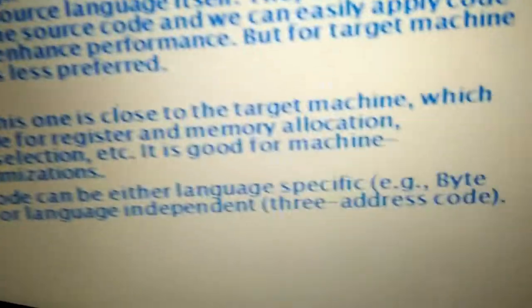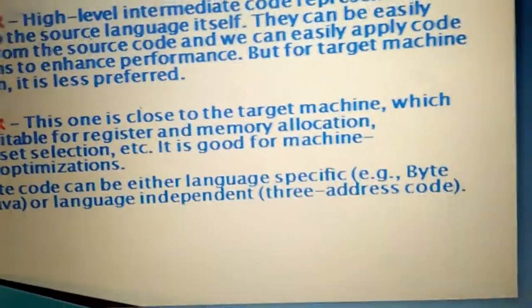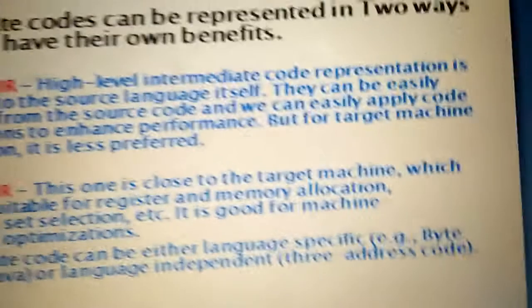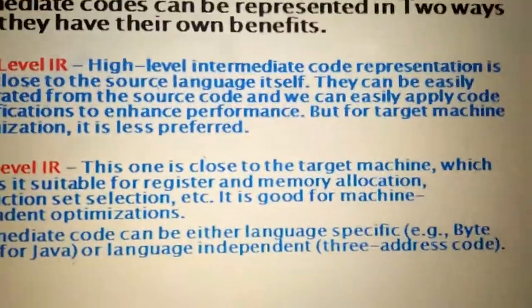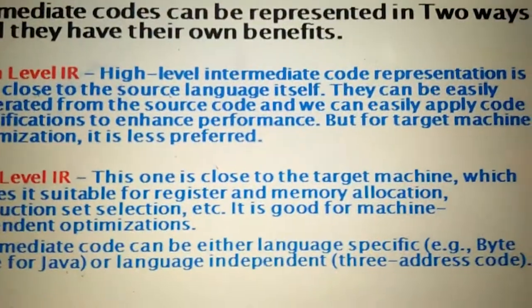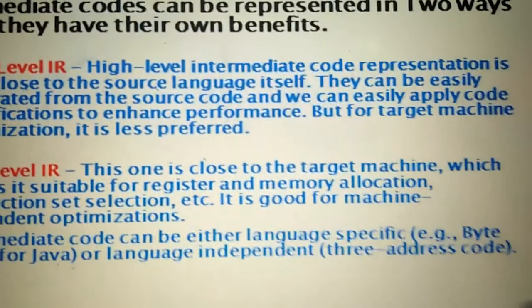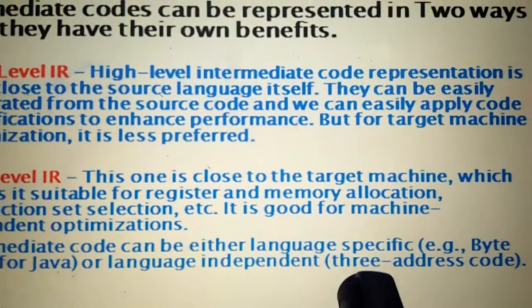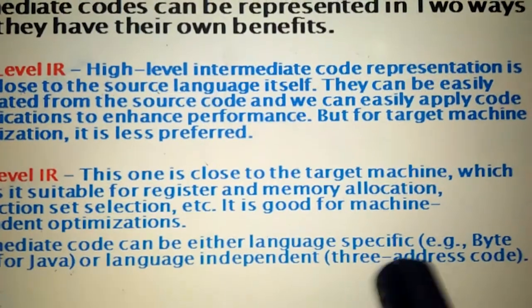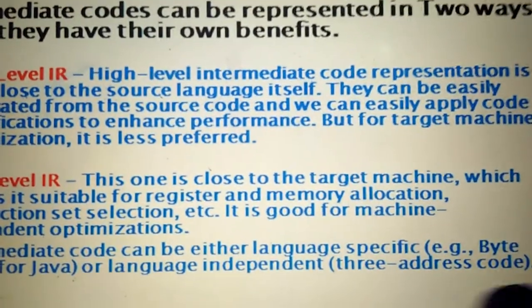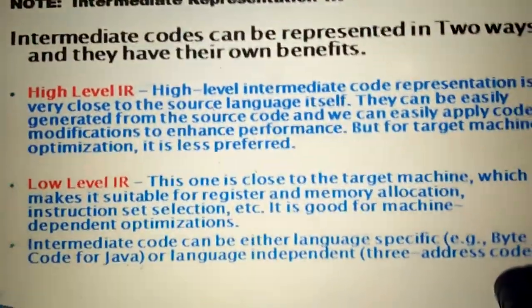C and C++ are machine independent languages, and all their target code generation depends on the 3 address code.